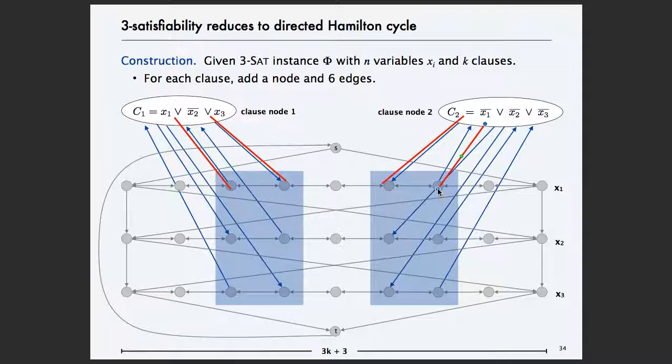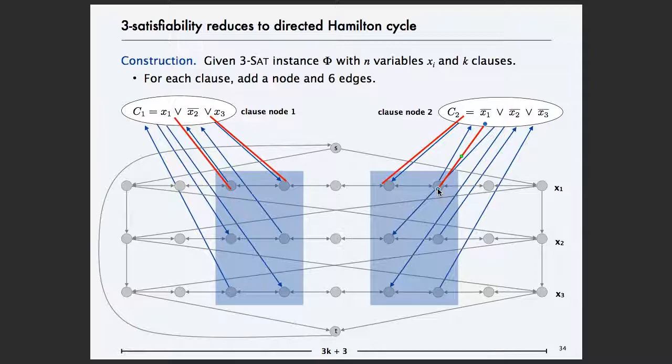And so that is what makes it work. If I have a Hamiltonian cycle, then I have to go visit C1 and I have to go visit C2. But this weird gadget makes me not be able to assign contradictory values to x1, x2 and x3.